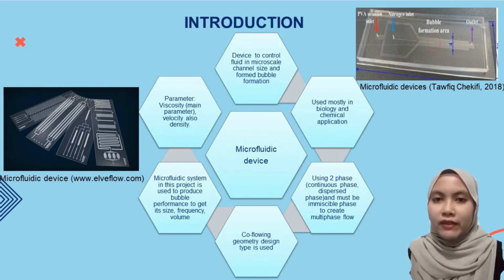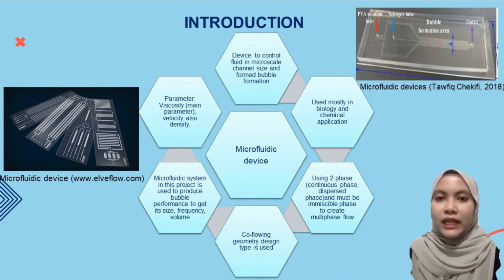This microfluidic device has many types of geometry design, such as T-junction and cross-flowing geometry. But in this project, co-flowing geometry will be used to form the bubble. This co-flowing geometry has two channels, which are the outer and inner channel. The outer channel is used to flow the continuous phase, and the inner channel is used to flow the disperse phase.